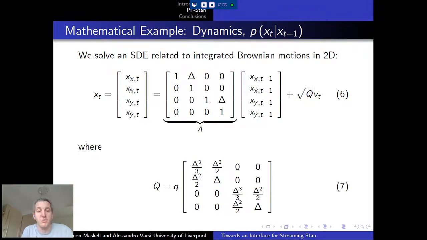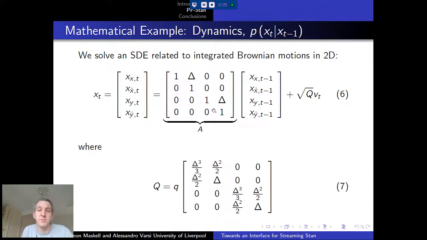So new velocity equals old velocity. And similarly, new position is old position plus delta times old velocity. And we do the same with y.